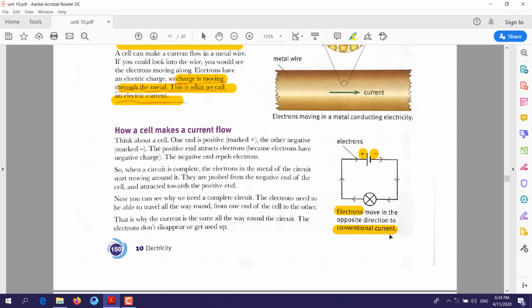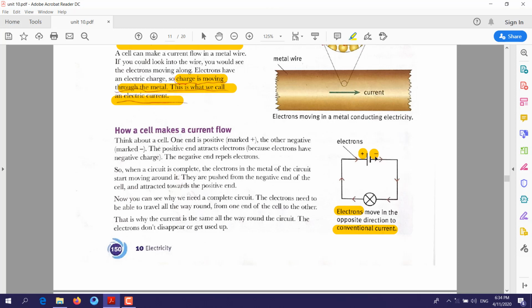Now, what is conventional current? Conventional current is the flow of positive charge and is directed from the positive terminal of the battery to the negative terminal. Now, how does a cell make current flow?